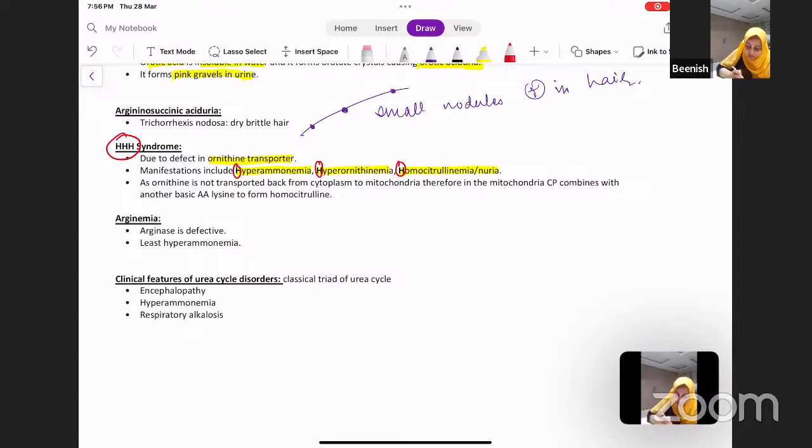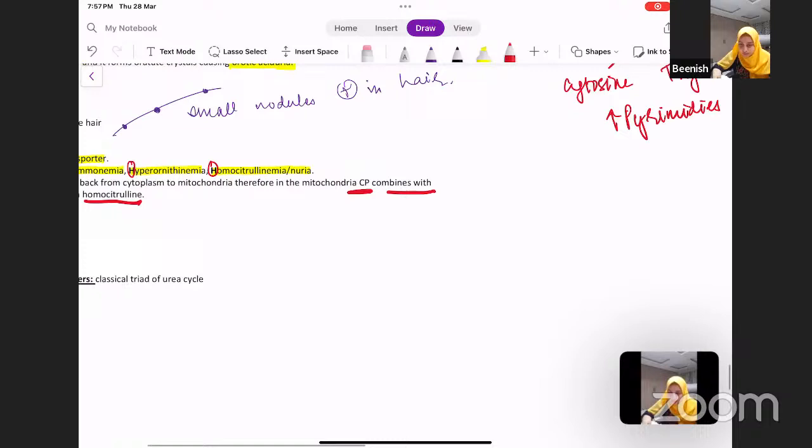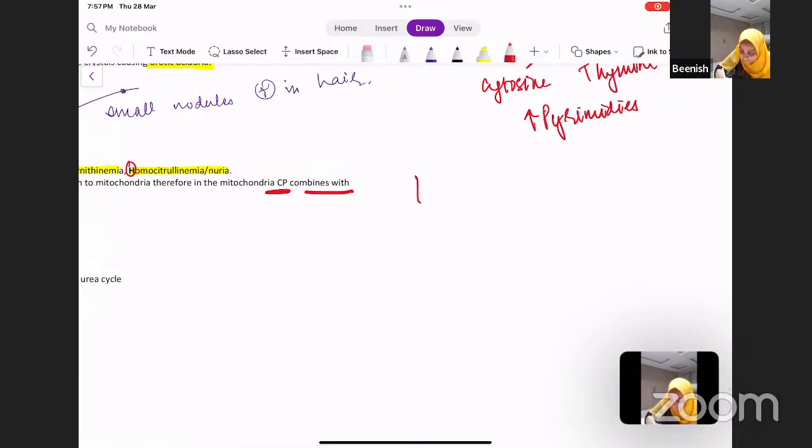As ornithine is not transported from cytoplasm to mitochondria, in the mitochondria carbamoyl phosphate combines with another basic amino acid, that is lysine, to form homocitrulline. So that is where your homocitrullinemia is coming from. Let me show you diagrammatically.